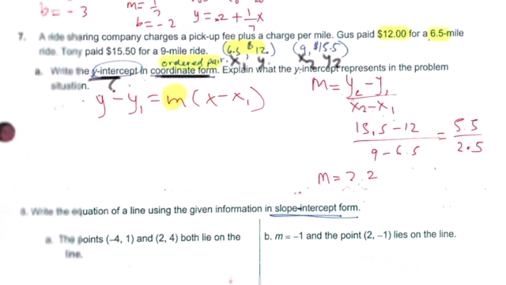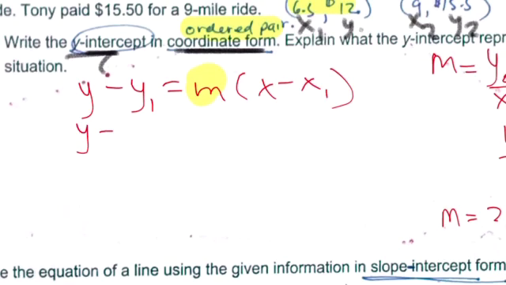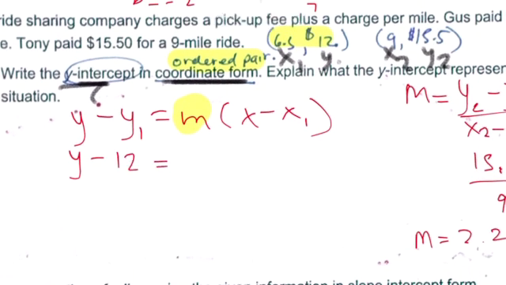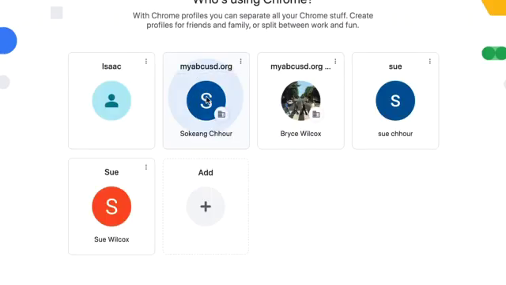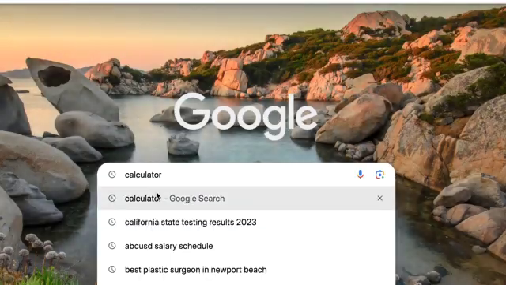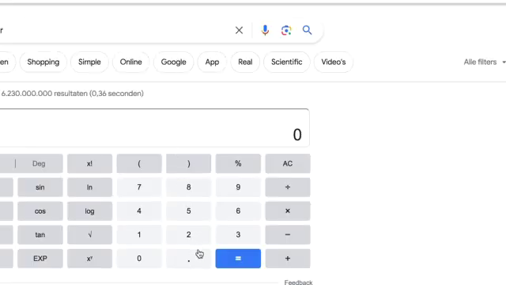You use that in here. So y minus y sub 1, which is 12, equals m, 2.2, times (x minus x sub 1, which is 6.5). So you have y minus 12 equals 2.2 times x minus, okay, well I need a calculator again. 6.5 times 2.2 is 14.3.